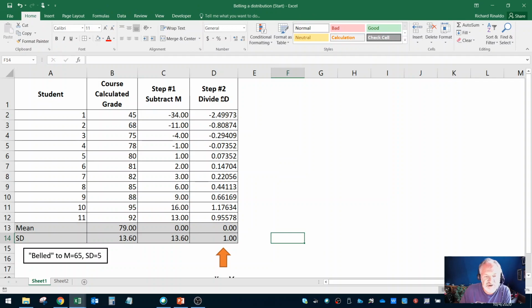So step 2 creates a z-score, and a z-score is a very special score in statistics. When I do this calculation of subtracting the mean and dividing by the standard deviation, if I do that for every score in the distribution, I end up with a new distribution of scores which are referred to as z-scores.